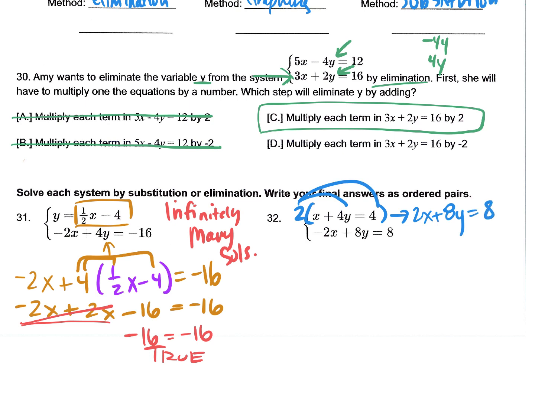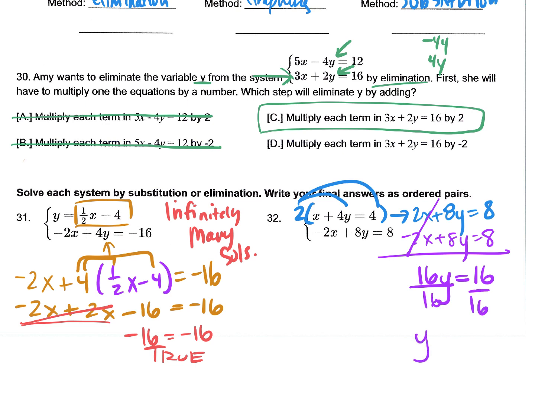Then I'm going to line up the one that was underneath of it, so -2x plus 8y is equal to 8. If you do that and add straight down, you're going to end up getting 16y is equal to 16 because your x's eliminated. Divide both sides by 16, you'd get y is equal to 1.